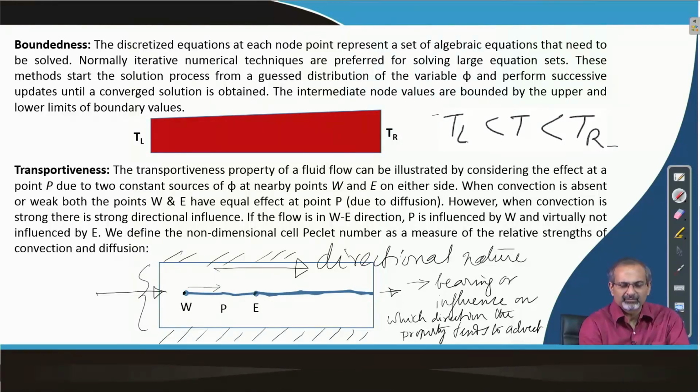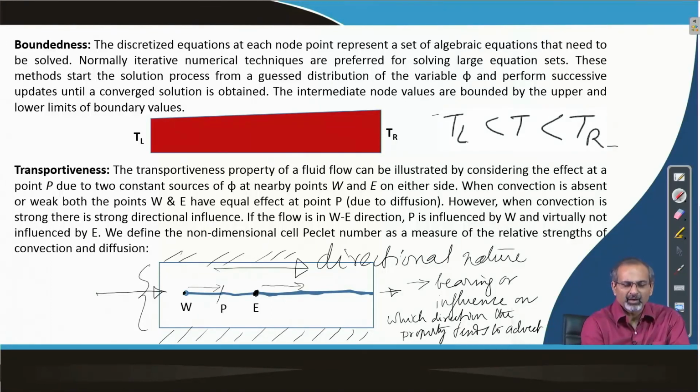If you inject dye from another point E, a similar thing will happen, and the two dye filaments will tend to merge with each other if the points W and E are almost aligned with the flow direction.